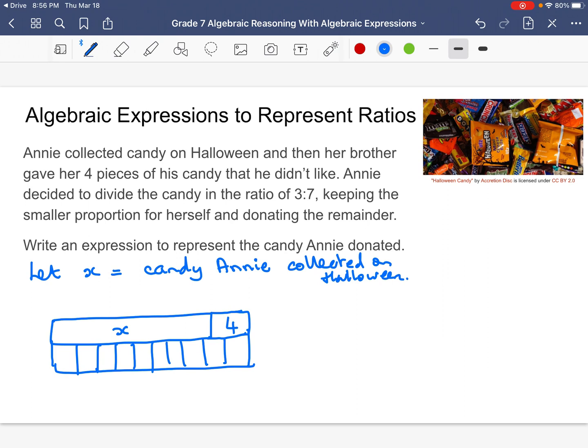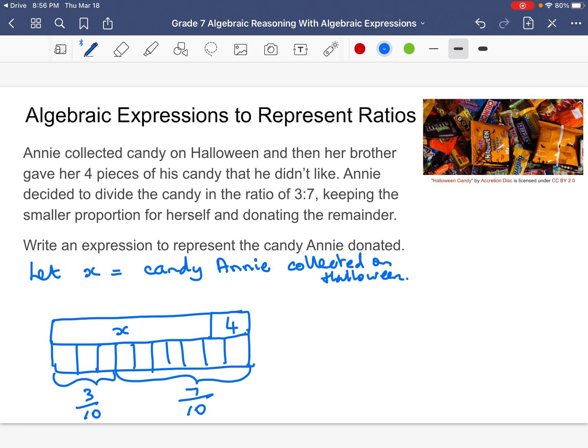Yeah, I have 10 pieces there now. So she's going to keep 3/10, and she's going to donate 7/10. So now I've got a visual representation of what expression I need to write.